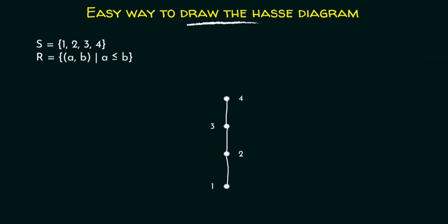Else, if 1 is related to 4, then we will draw an edge from 1 to 4. This is the procedure which we can follow in order to draw the Hasse diagram. There is no need to start from the directed graph. Even there is no need to follow the complete procedure. Although I recommend that you follow the procedure, you can easily draw the Hasse diagram without any problem.